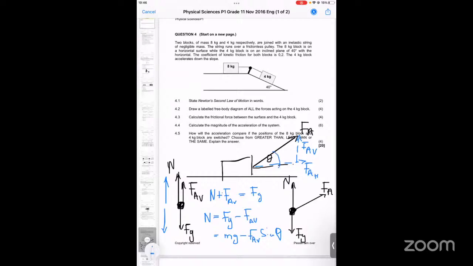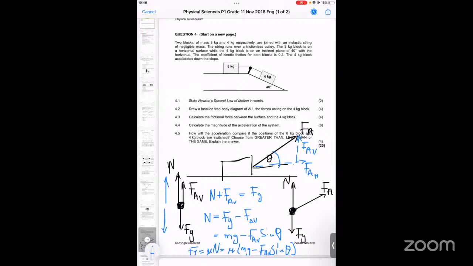Therefore, when you calculate your frictional force, the formula mu times normal force will equal mu times (mg minus force applied vertical sine of the angle).